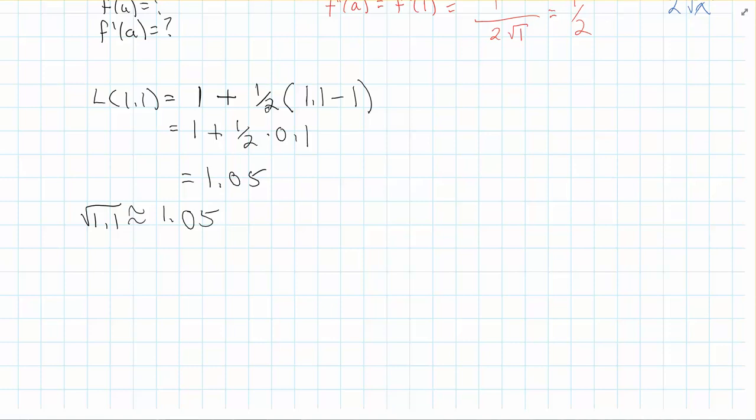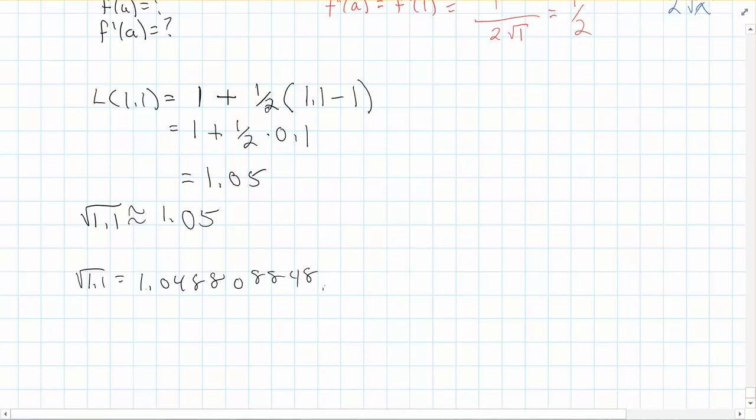And the calculator gives me 1.048808848, and then of course it goes on forever. So we can see that this isn't 100% correct, but if we were to round this to 2 decimal places, our approximation is actually exactly the same as the actual value of the square root of 1.1.